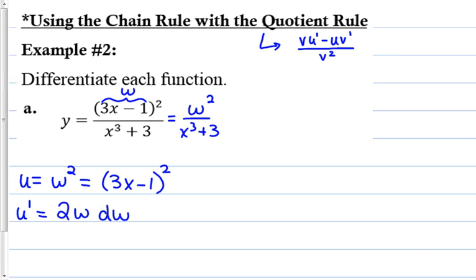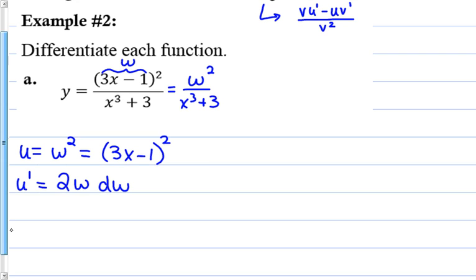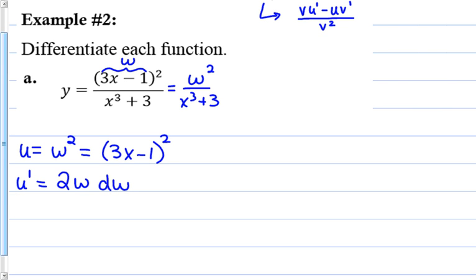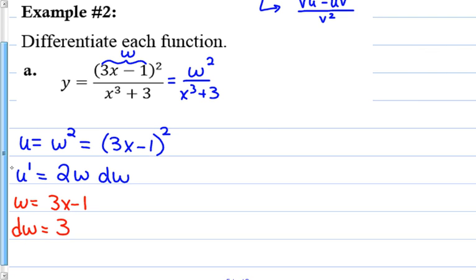So maybe I should declare what w is. w was the inside function, 3x minus 1, so dw is the derivative of that, which is 3. And then that just leaves v. I haven't done v yet, so I'm just going to scroll down a little and fit my v in here.